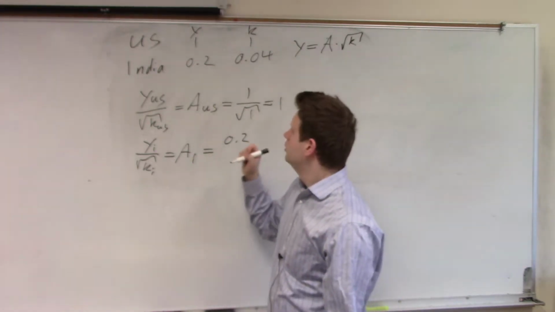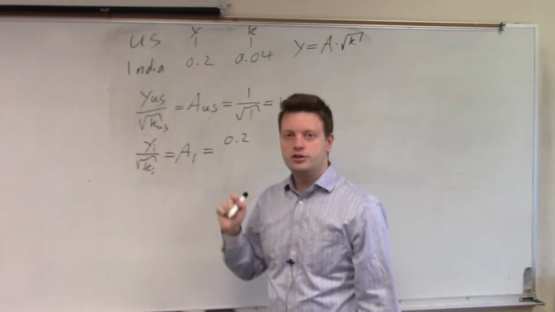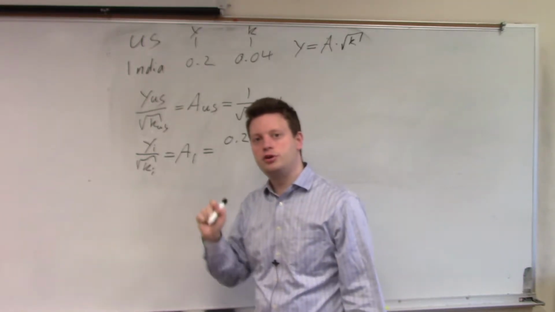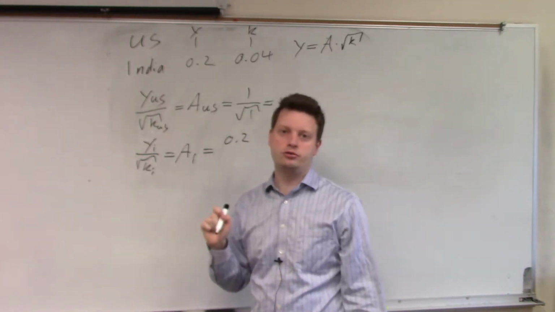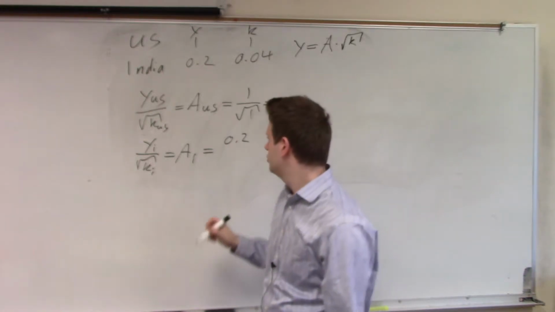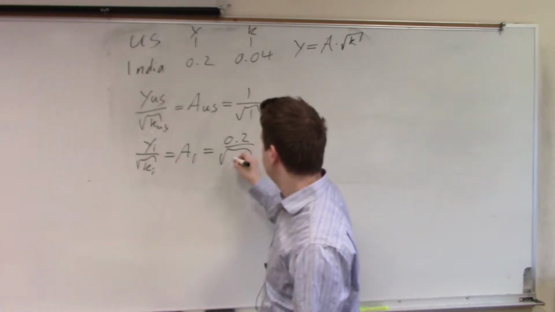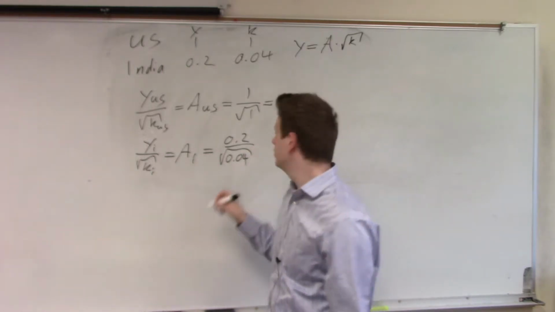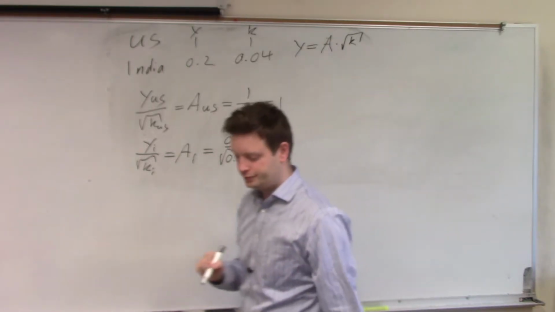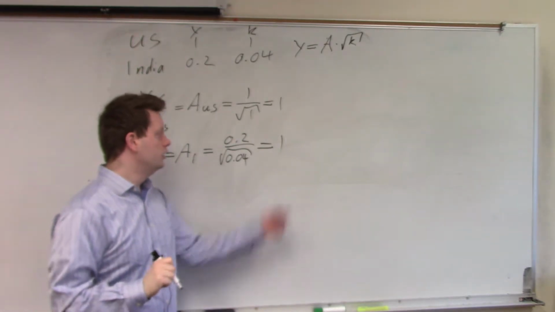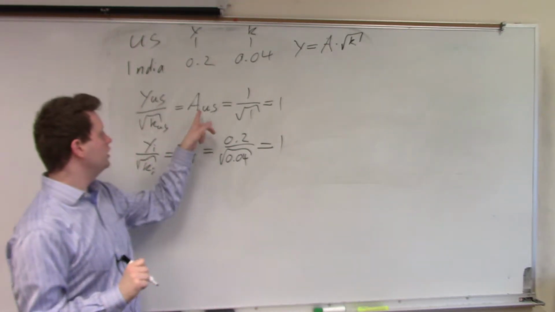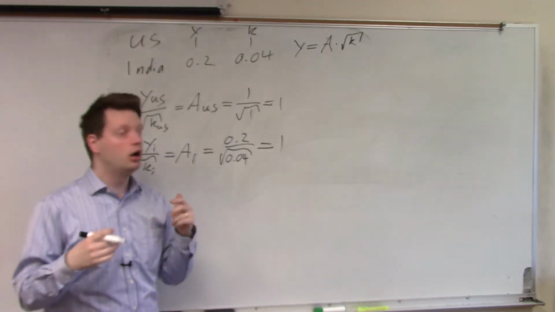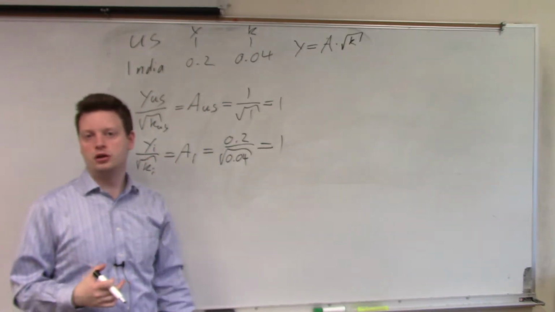Well, 0.2 times 0.2 is equal to 0.04. So if we plug in 0.04 in the square root, we simply get 1/2. So we find that productivity in the US and productivity in India are the same in this simple setup.